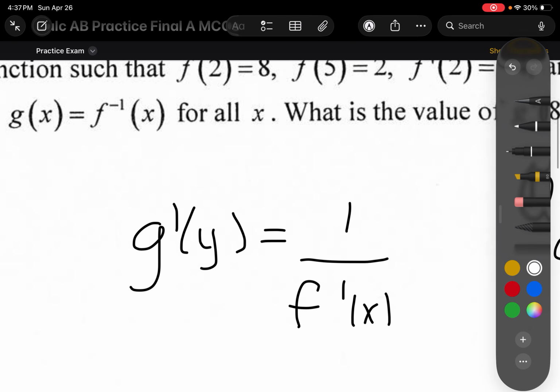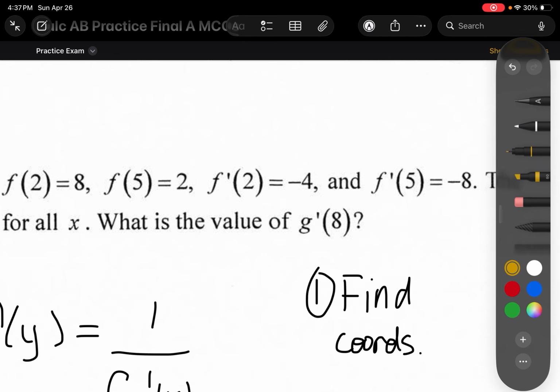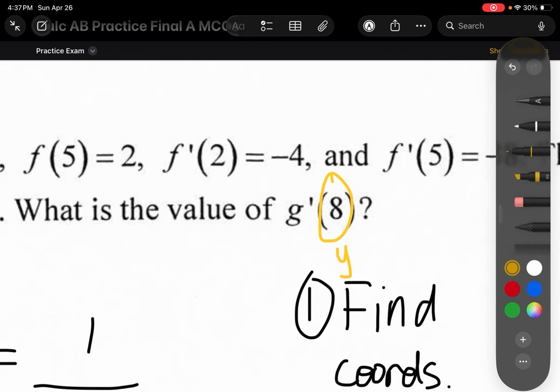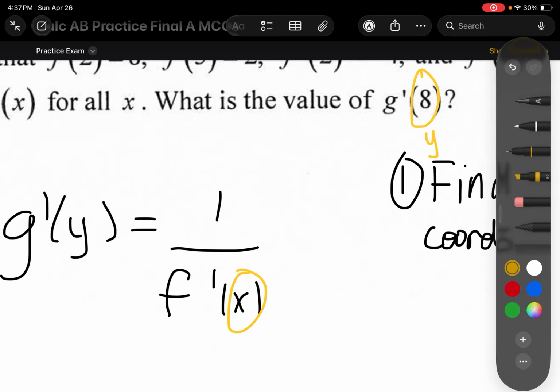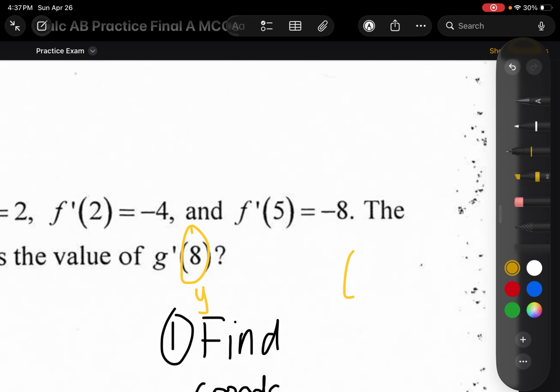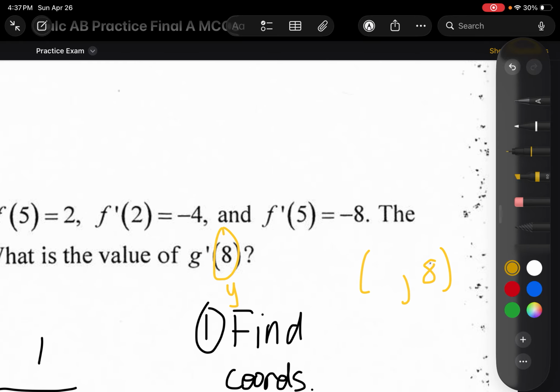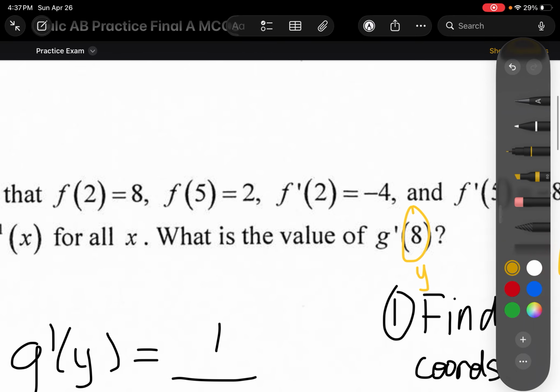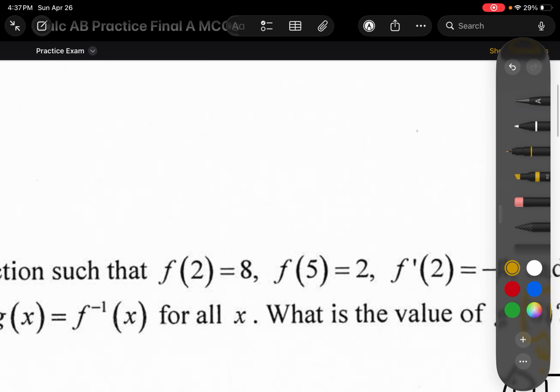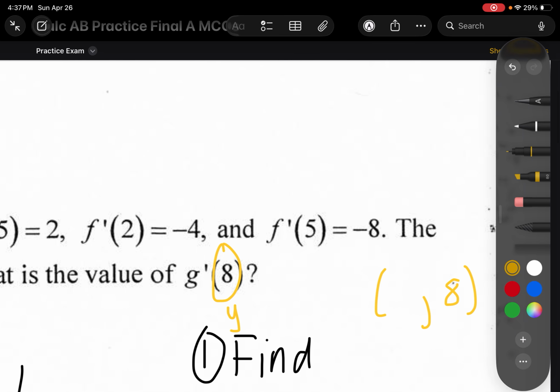We are given a y value here, and now we need to look for the corresponding x. Which x value gives you 8? Well, that's the only thing I see here, f of 2. So f of 2 is equal to 8, meaning our x is 2.